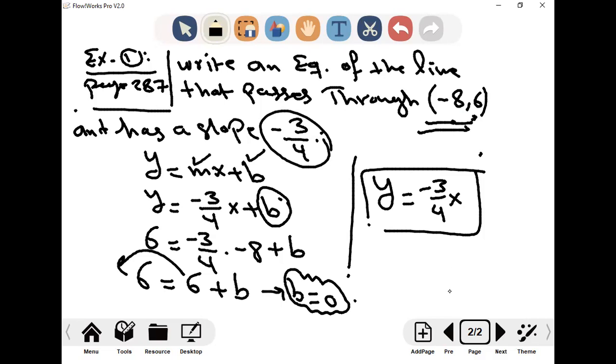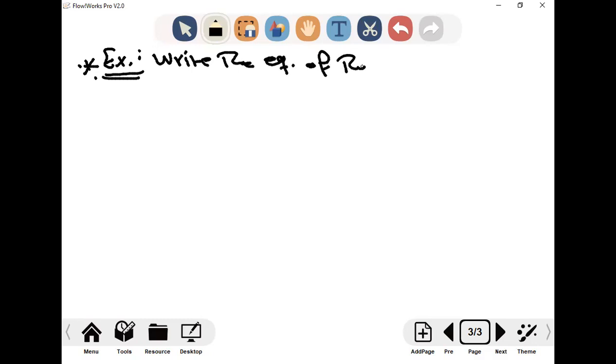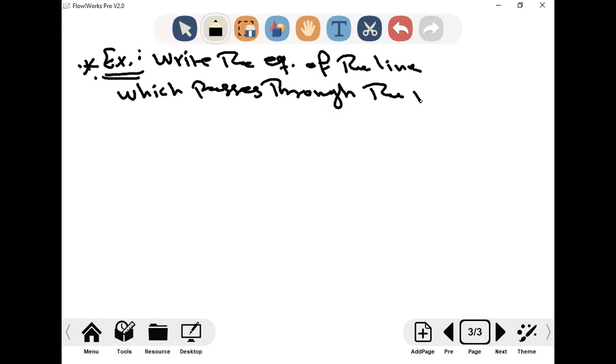It's not in your book, so: find the equation of the line which passes through the point (1, 5) and has a slope of 10.